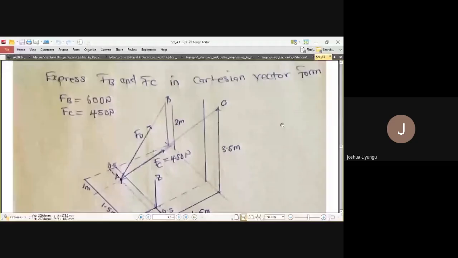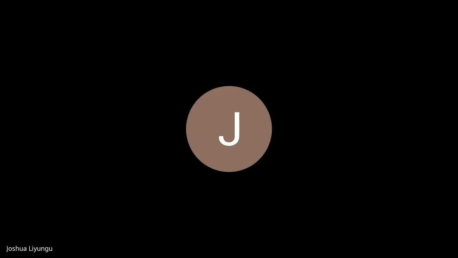Then after doing so, you find the unit vector. You have said you find the distance AB. How do you find the distance AB?